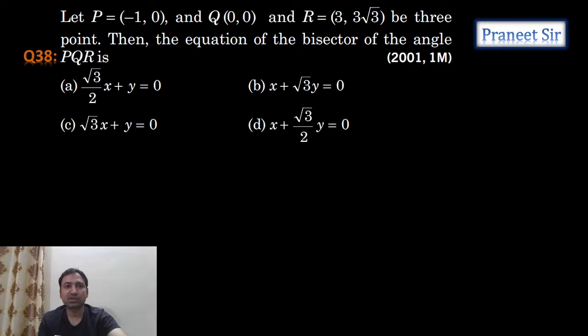Okay, next question, the 2001 question. PQR is given. Then the equation of the bisector of angle PQR; we need to calculate the angle PQR bisector.